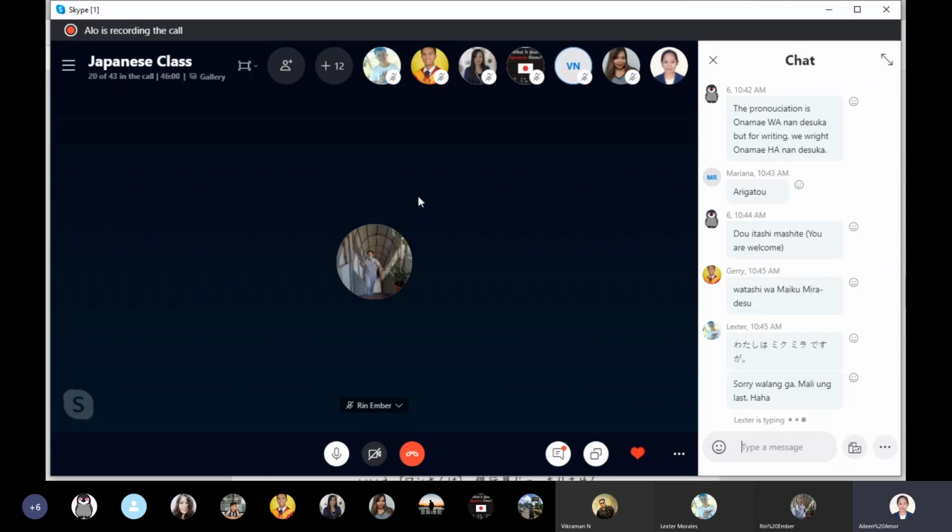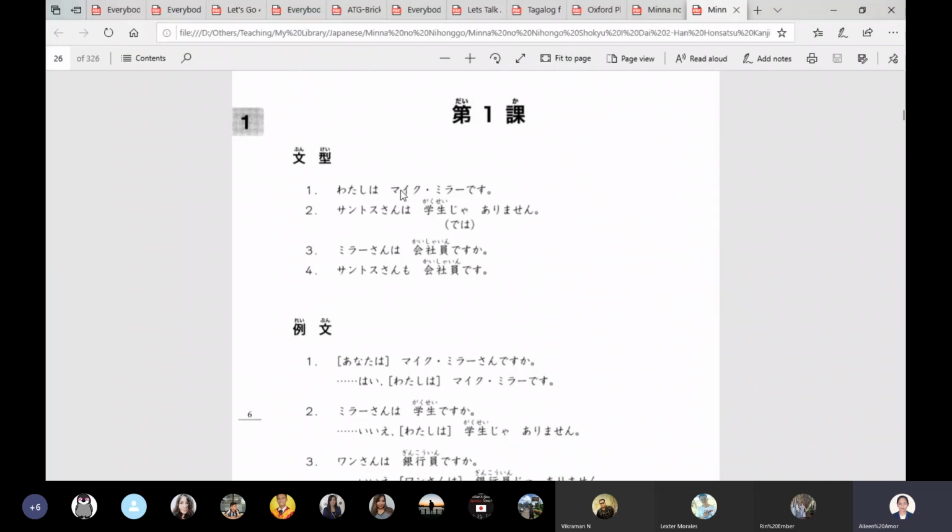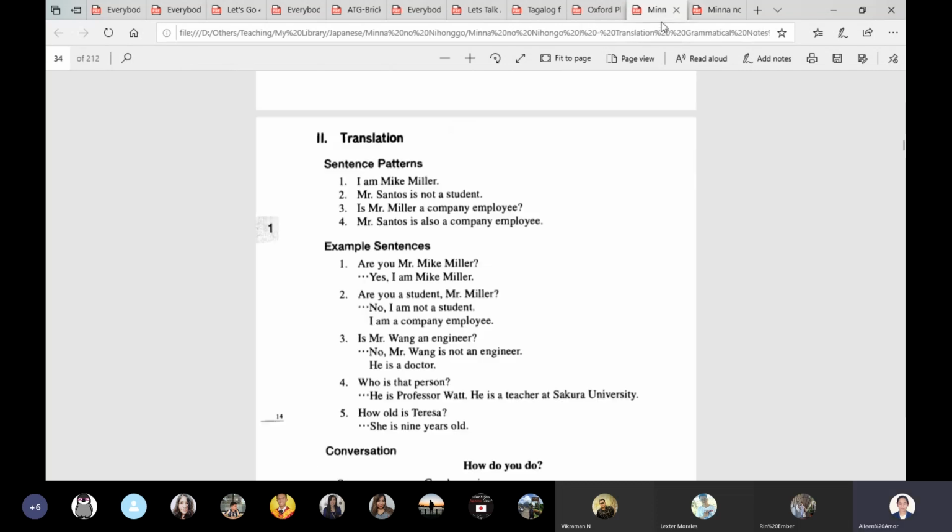We base it on the sound because katakana is based on the sound of the word. So in this case, Sir Lexter, I think you based it on the spelling, like me instead of my. So it would be my, this is Maiku Mira desu.